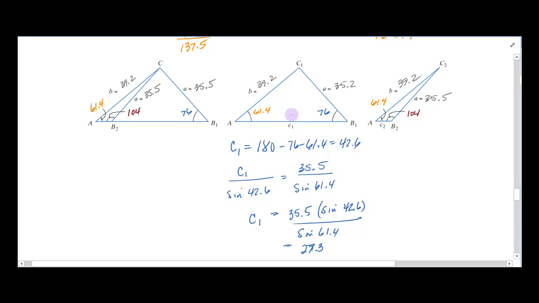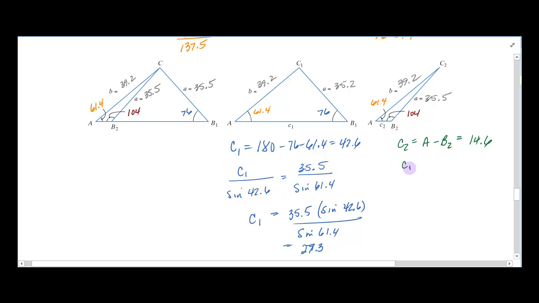We can do that again over here for our smaller triangle in exactly the same fashion. So what is angle C2? We take 180, subtract angle A and angle B2, and we find out that that value should be 14.6. And then we do the same setup we had over here.